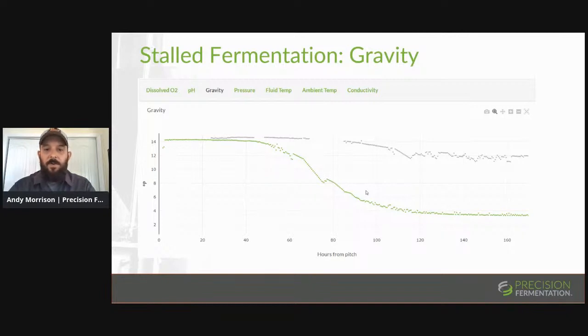We're somewhere probably around 80 hours before it started moving downwards. And the system finally detected motion downwards just shy of 90 hours, right? But then you can see how it just holds there and gets a little bit noisy, but doesn't really drop below what appears to be about 12 degrees Plato. So you've got a classic stalled fermentation there in place, right?